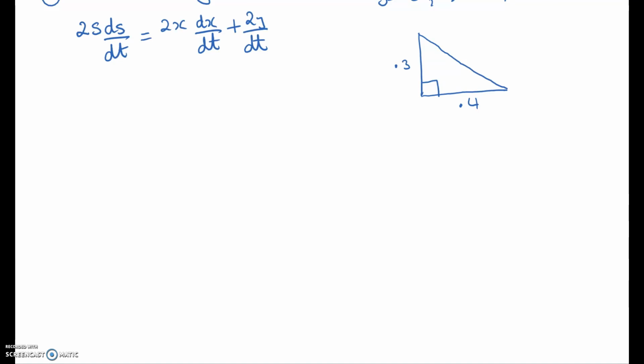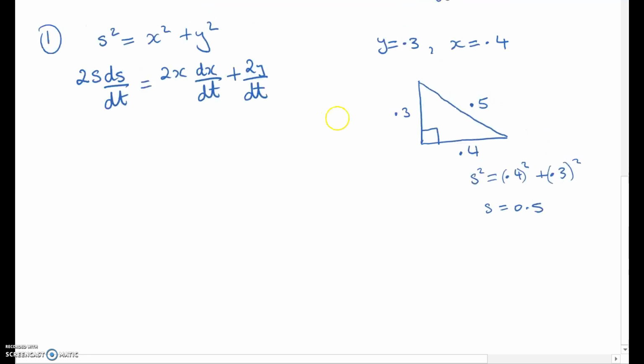It's a Pythagorean triple, 3, 4, 5, so this will be 0.3, 0.4, and 0.5. If you want to, you can work that out as s squared equals 0.4 squared plus 0.3 squared, and you'll find that s is equal to 0.5. But if you know your Pythagorean triples, 3, 4, 5, divide each of them by 10, that tells you what s is.